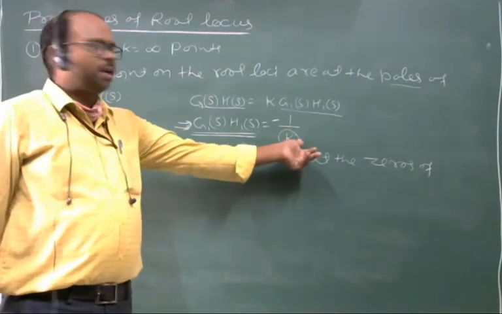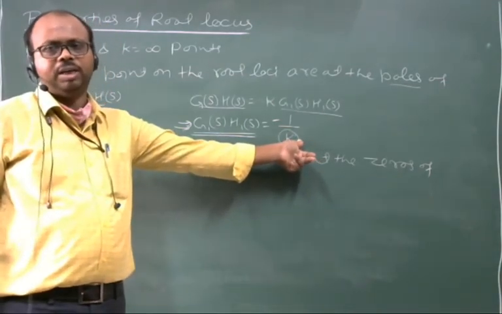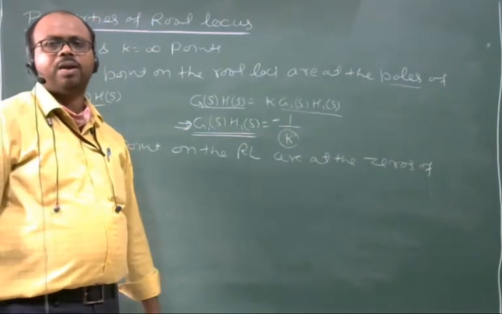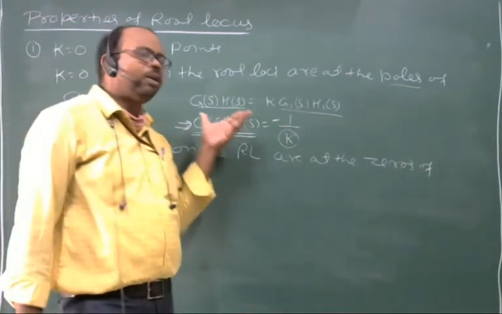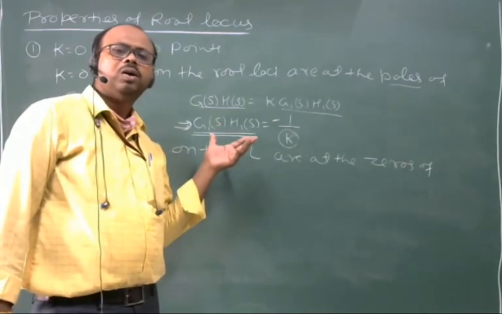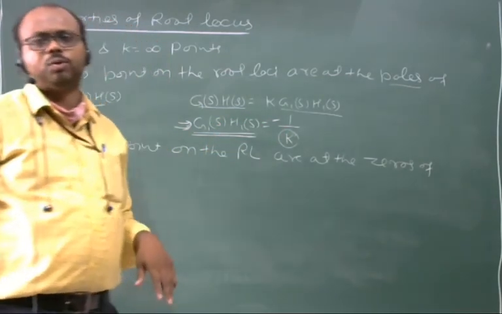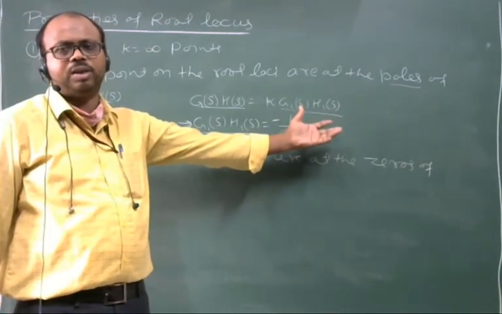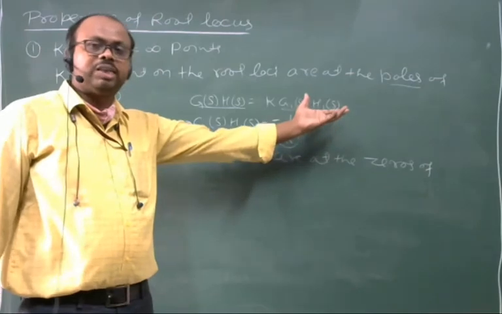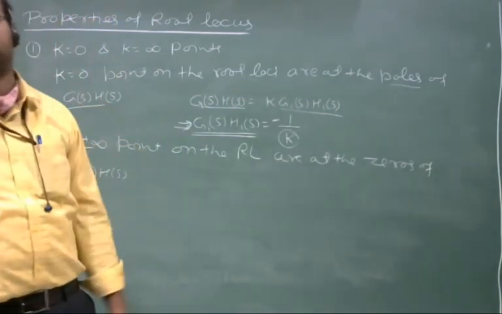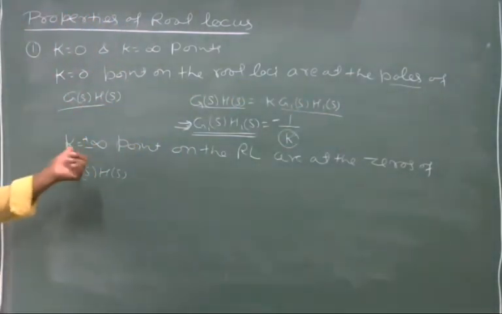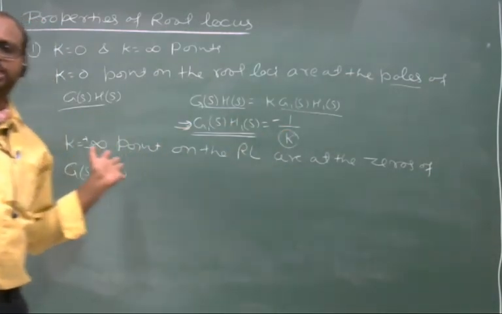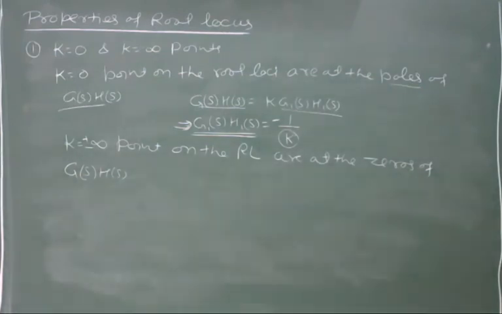If we put infinity here, then G1(s)H1(s) becomes 0. And this value will be 0 at the zeros of G1(s)H1(s), and the zeros of G1(s)H1(s) will be the zeros of G(s)H(s). So the K is equal to infinity point is where the zeros of G(s)H(s) occur.